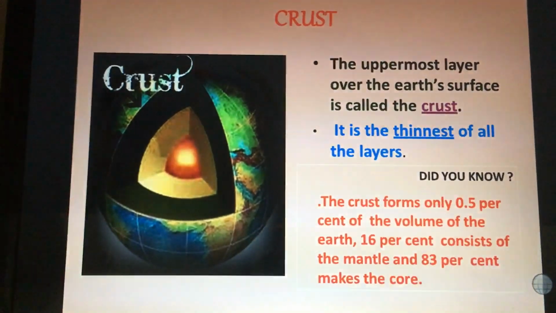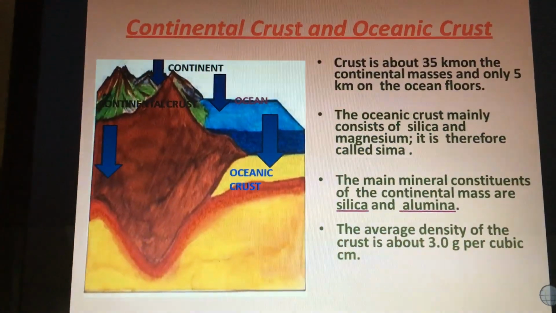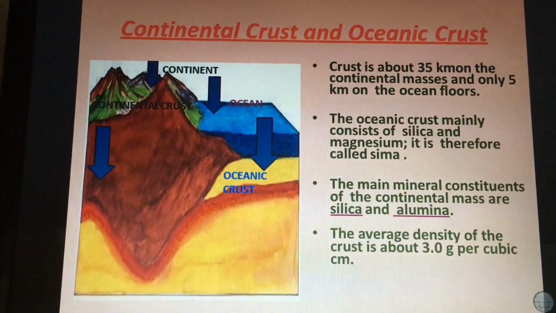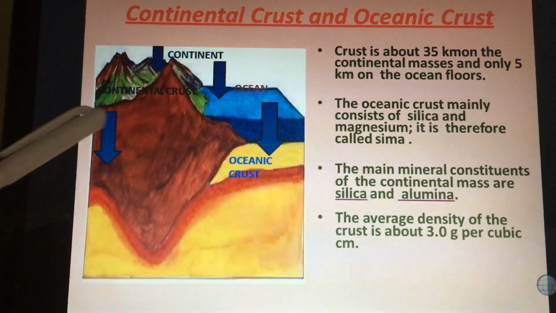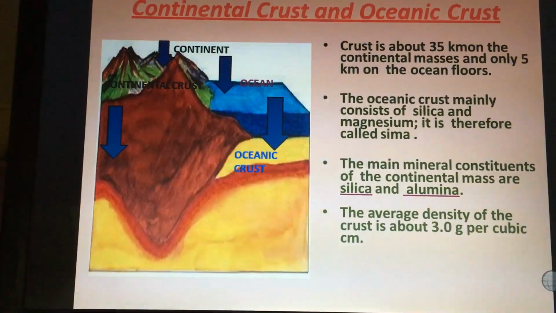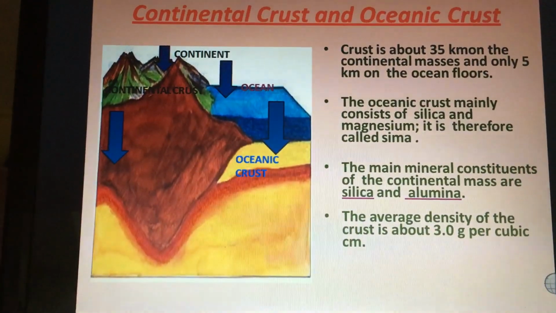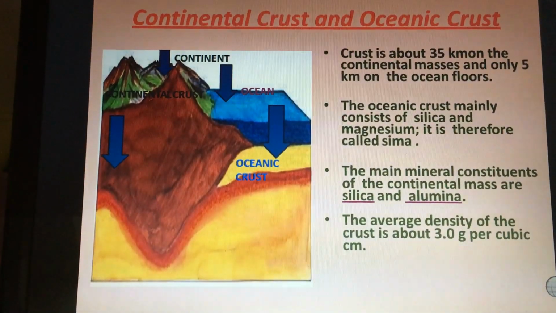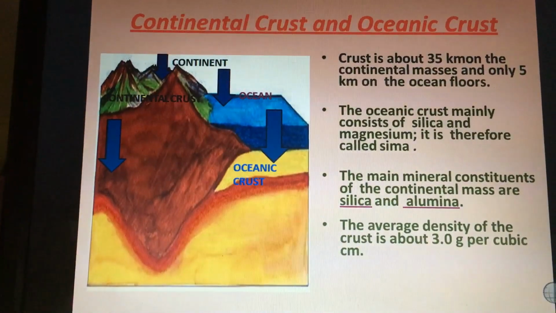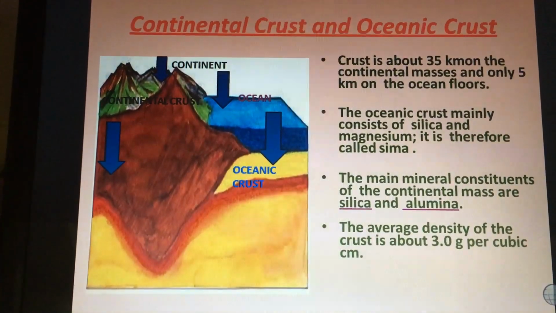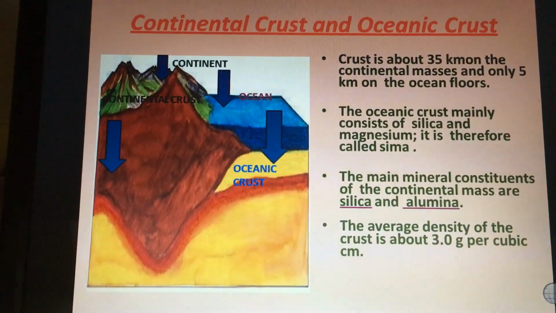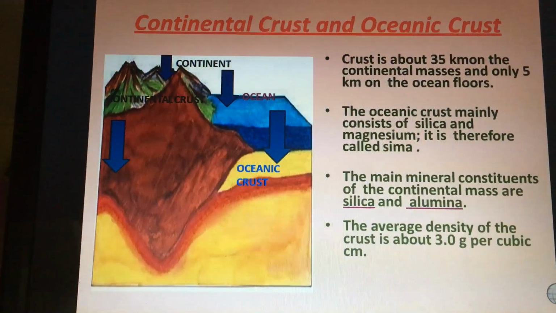Moving up, next are the different parts of the crust, the continental crust and the oceanic crust. In the picture given, you can see that there is a continental crust and the oceanic crust. The upper part of the crust is called continental crust and the lower part is called the oceanic crust. The continental crust is about 35 km on the continental masses and only 5 km on the oceanic floors.